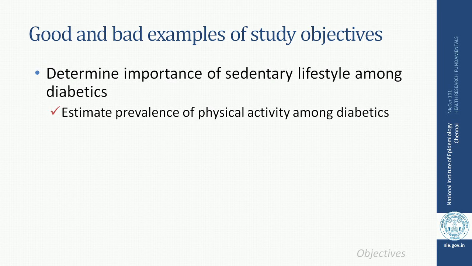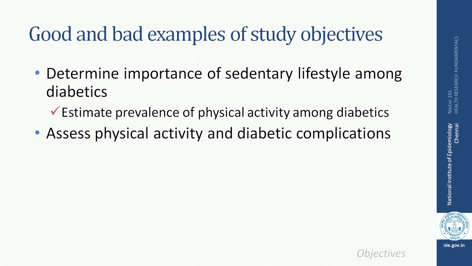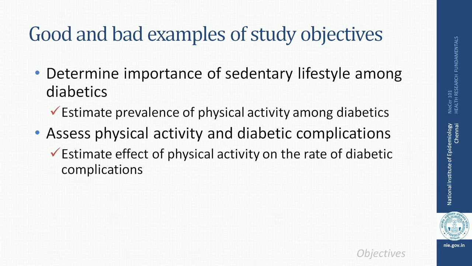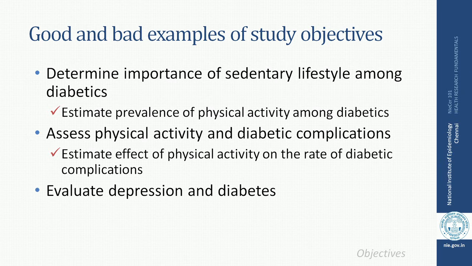So therefore, estimate prevalence of physical activity among diabetics is ideally suited for this statement of objective. Assess physical activity and diabetic complications. I think they are trying to do again a descriptive study. Therefore, estimating the effect of physical activity on the rate of diabetic complications in a group of diabetics is what they are doing. So the word estimate is preferable.